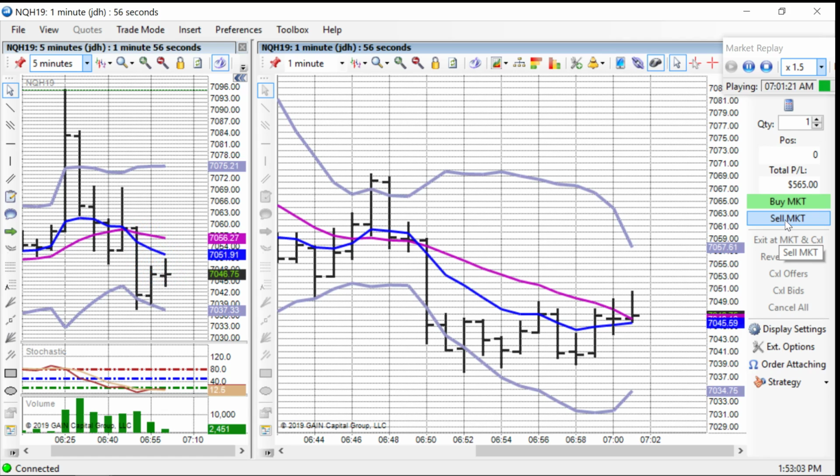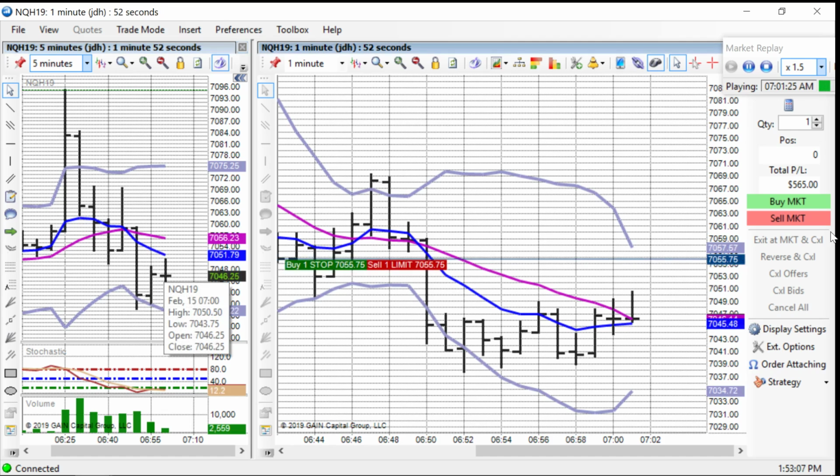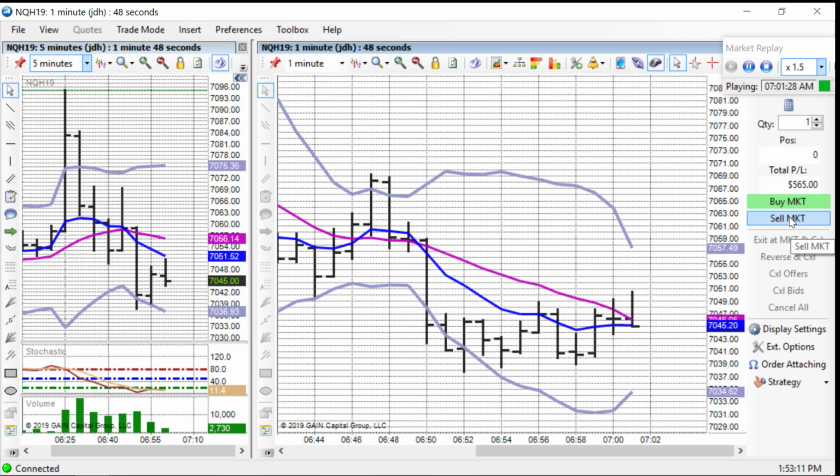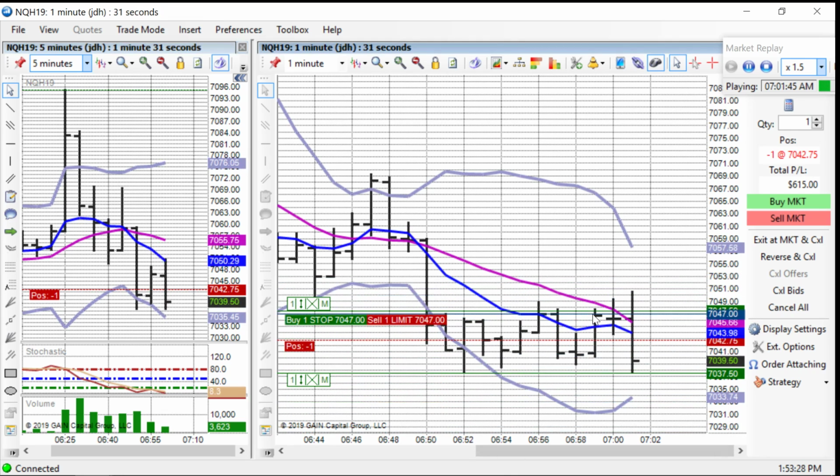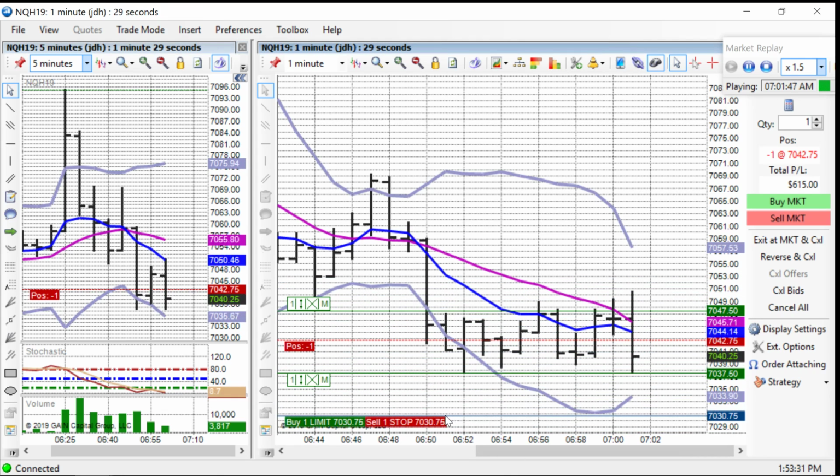That's a 1-2-3 formation. I mean a hook formation right here. And so let's see what it does in this next bar here. Yeah. See, I've seen too many of those where it cons you into going long or going the opposite direction and it reverses on you.